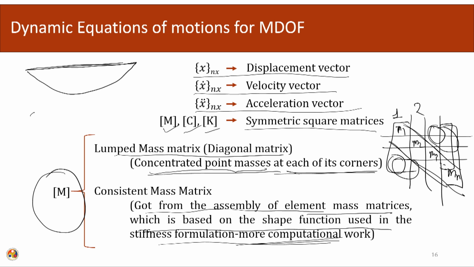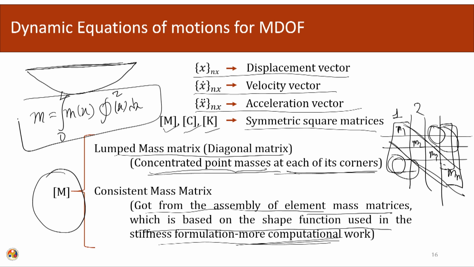In the shape functions we wrote the mass as distributed mass times the shape function squared dx integrated over the entire length. So, each mass component we derived using the shape functions. So, this mass matrix is based on the shape function used in the stiffness formulation.